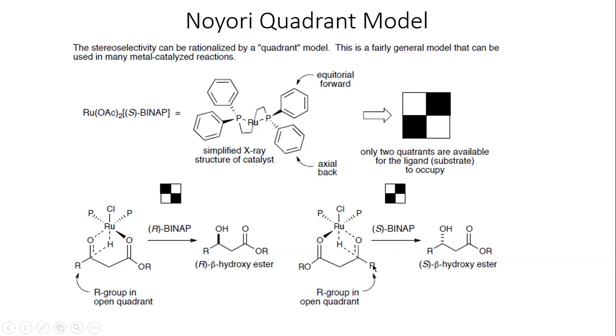So here with S binap, you're going to get the S beta hydroxy ester, in one step. Keep in mind, a lot of times this is done at room temperature. You might have to increase the pressure a little bit, but this is normally done at room temperature with the chiral catalyst.